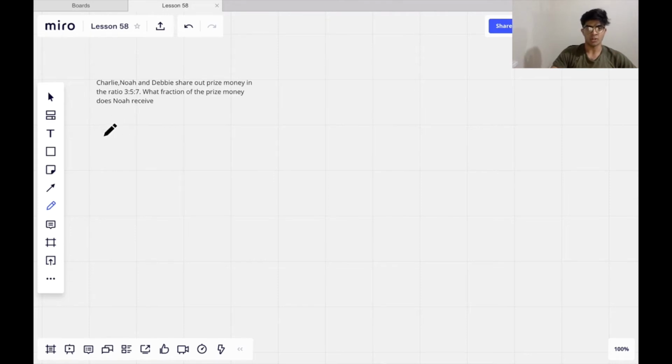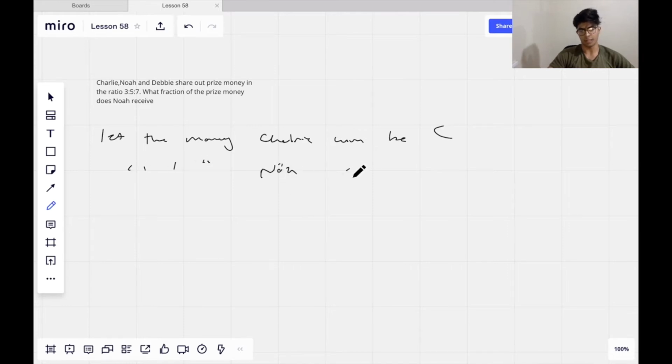So let the money Charlie wins be c, and let the money Noah wins be n, and so forth. Then let Debbie's be d, and let the total be t.